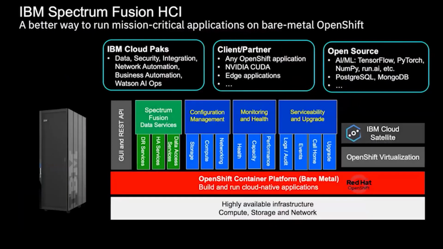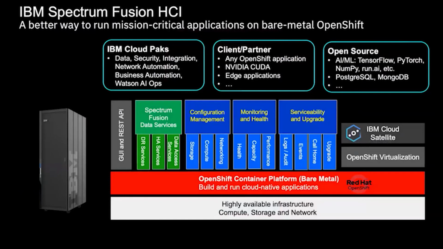At the foundation of IBM Spectrum Fusion HCI is the highly available infrastructure, including compute, storage, and networking, represented here by the white bar at the bottom of the screen. OpenShift on bare metal is installed directly onto all of the server nodes of the system. This is the red bar.